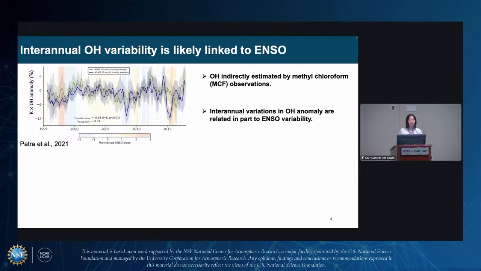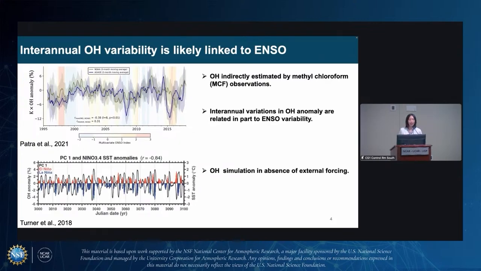Here I show one study where the lines represent the methane chemical loss, which you can view as a parameter proportional to the inferred OH. The different lines represent two different inferred OH estimates constrained by two different methylchloroform observations, and the shaded color represents the ENSO index. From this figure, you can tell that this inferred OH embeds a very large uncertainty, and the signal with ENSO is quite noisy.